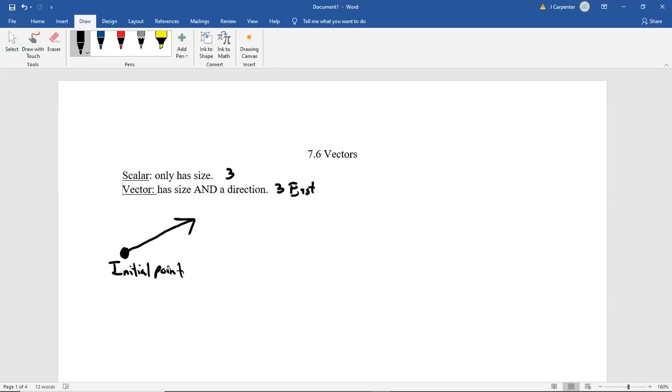Now, this arrow is no longer representing that it goes forever and ever. The length of this thing correlates to the size of the number. So again, this arrow is not saying that it goes on forever. That's not what we're saying here. We're saying that right here, if you wanted to put another point there, you can. We just usually don't. We would say that's the terminal point.